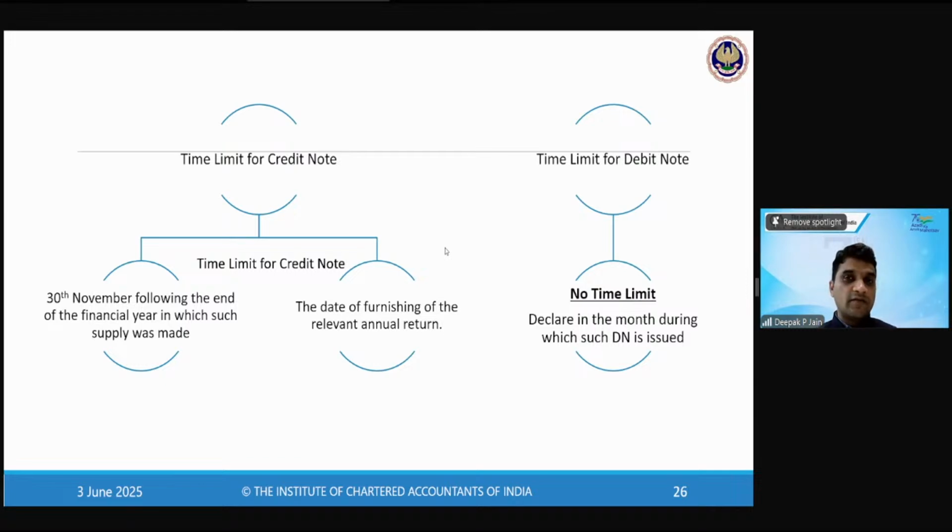Yes, that is applicable from 1st November 2024. Correct. You have to issue the invoice within 30 days. Monthly returns for the month in which credit or debit note is issued. Correct.